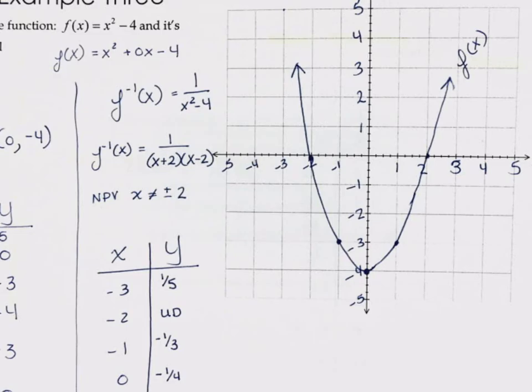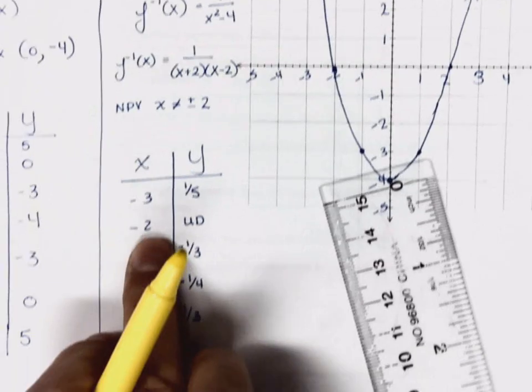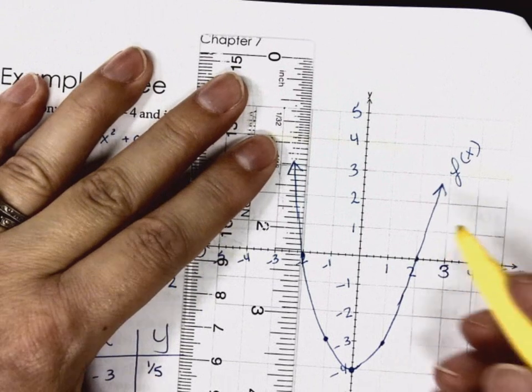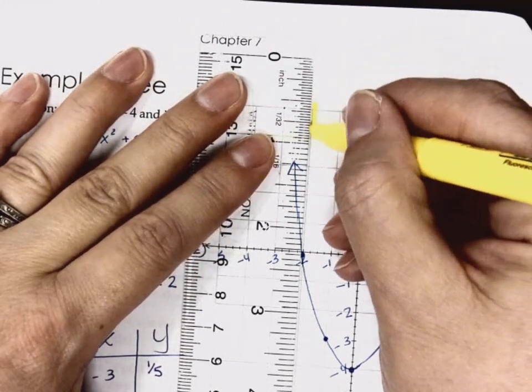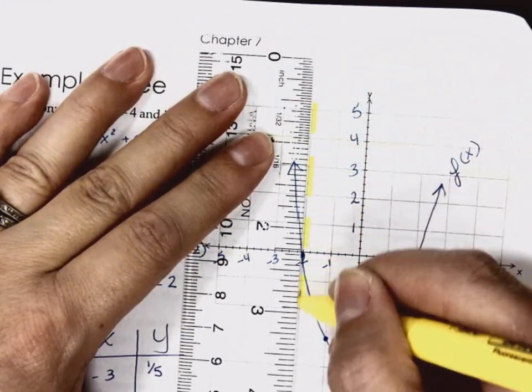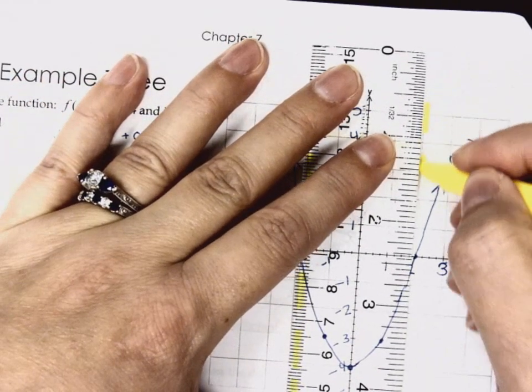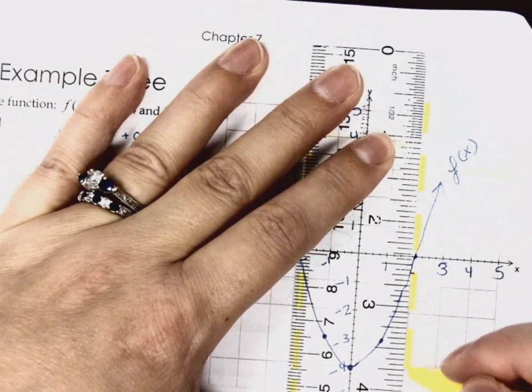Good? Okay. First thing I always do is I lay my asymptotes down first, because those are my boundaries, and it's going to remind me that I can't cross those. So I had asymptotes at -2 and +2, and I also knew that for my non-permissible values. And where is my horizontal one?